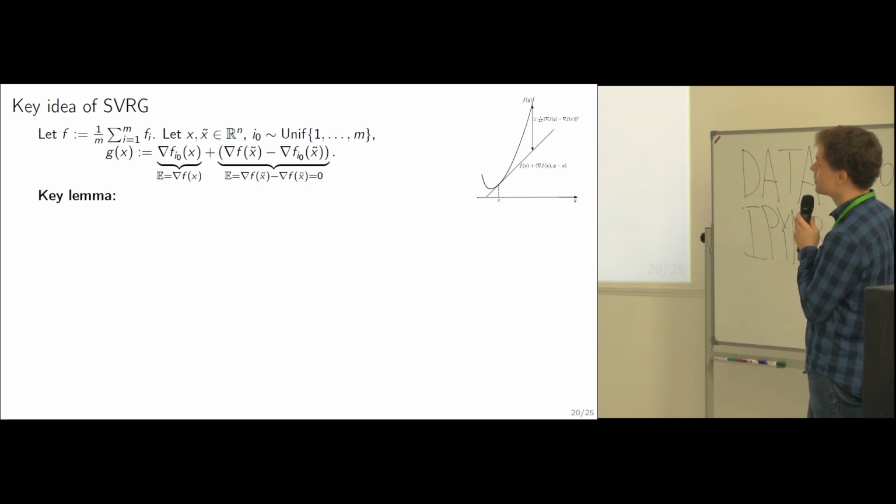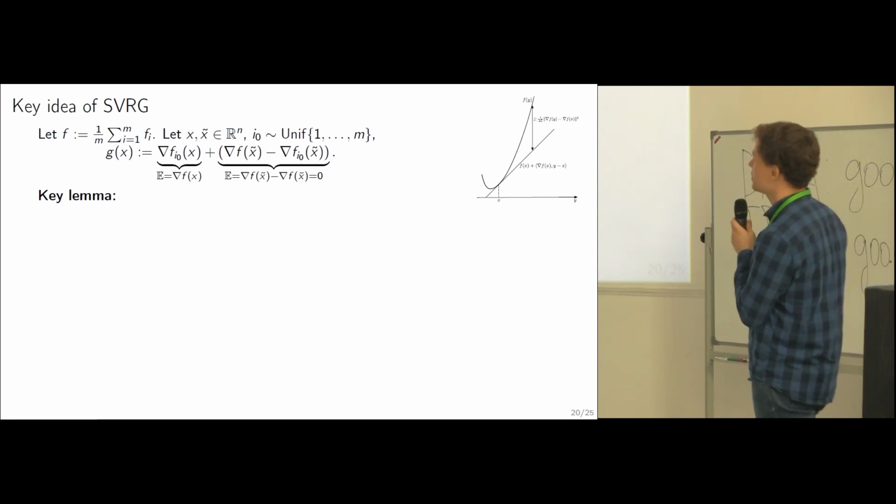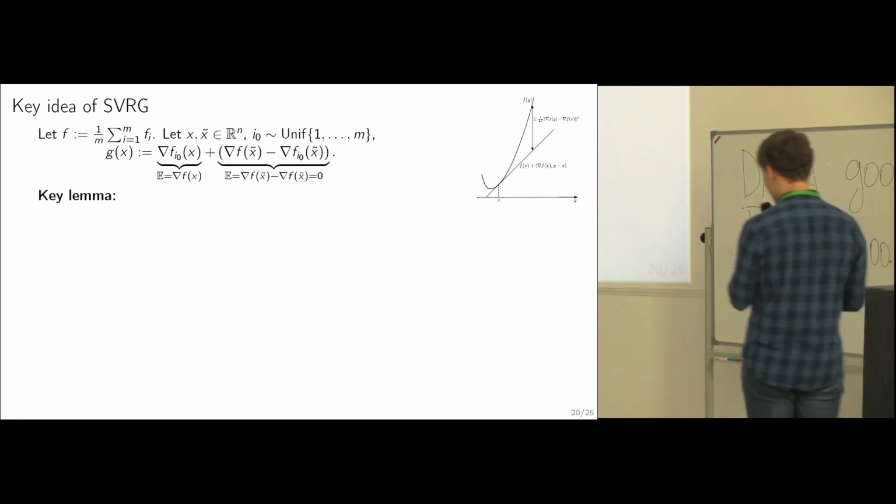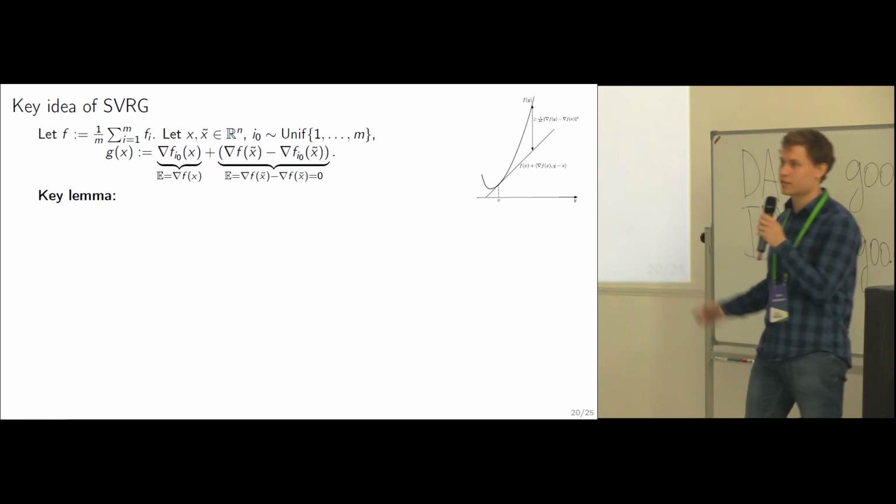So this was point x, and before we compute this g of x, we fixed this x tilde, which is called the reference point, and we add this simple term here. If we compute the expectation of this term, it is 0, because the expectation of this thing equals this, and this is deterministic. So from the point of view of unbiasedness, it's exactly the same.